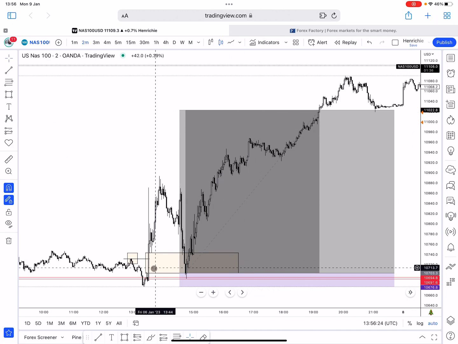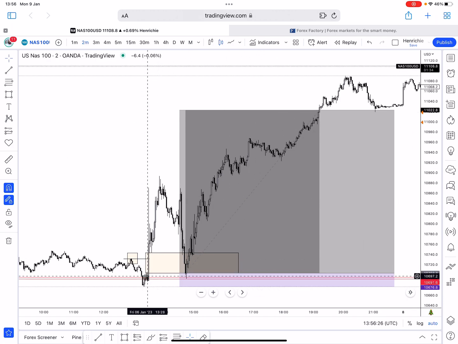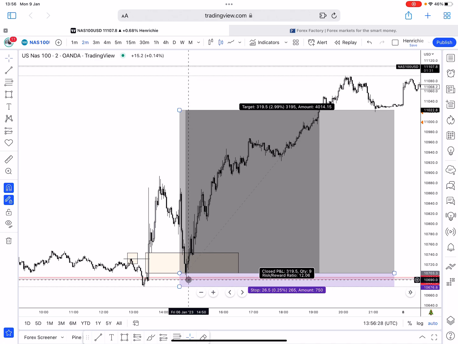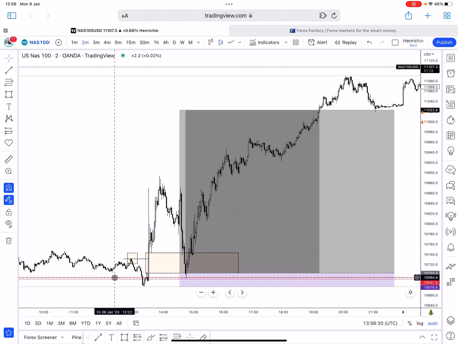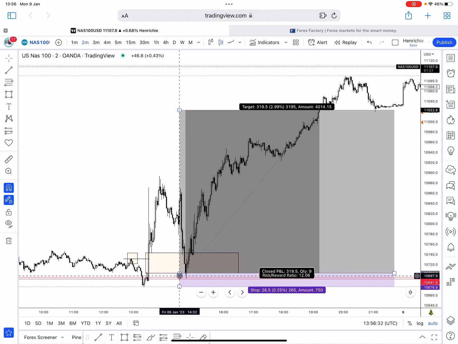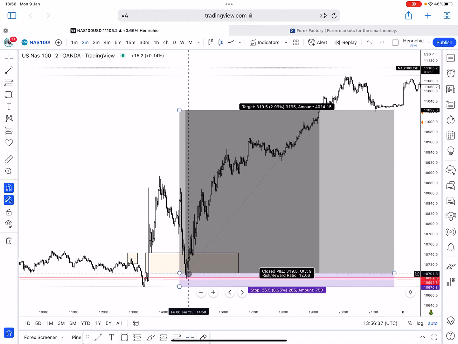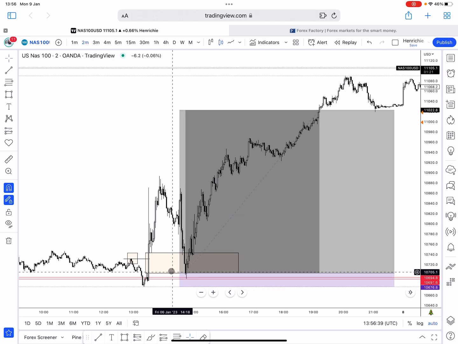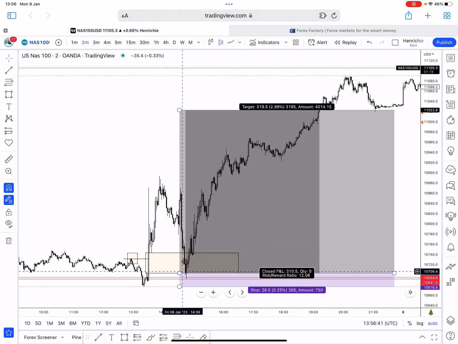And as you can see, price came into here, mitigated this imbalance, and also tapped into the previous point of interest, also mitigating it. Even though I wouldn't advise you to put in your limit order here, I'm always going to be using the imbalance.